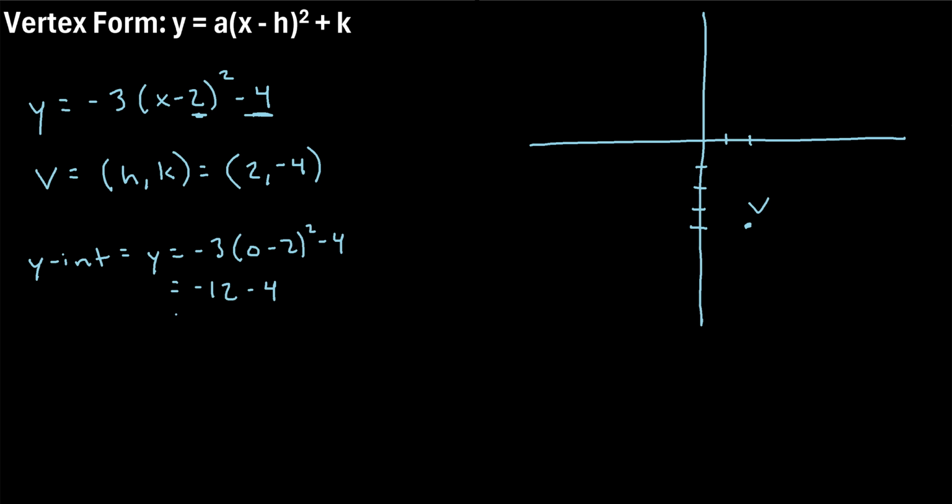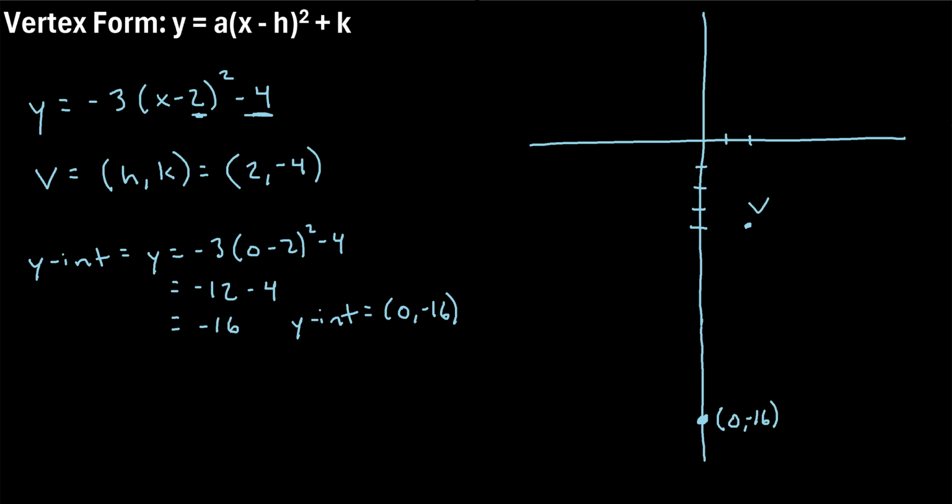So negative 12 minus 4 is negative 16. So our y-intercept will be 0, comma, negative 16. So to graph that on our plot, that will be all the way down here somewhere. So we'll say 0, negative 16.